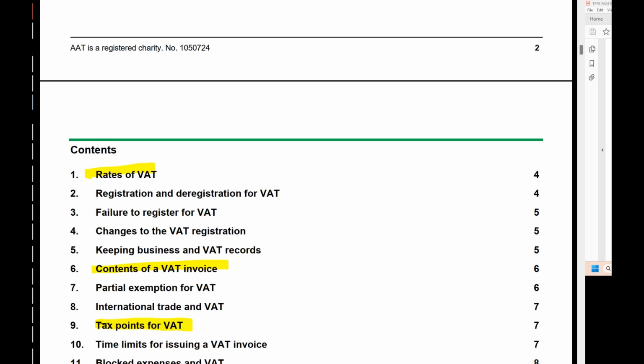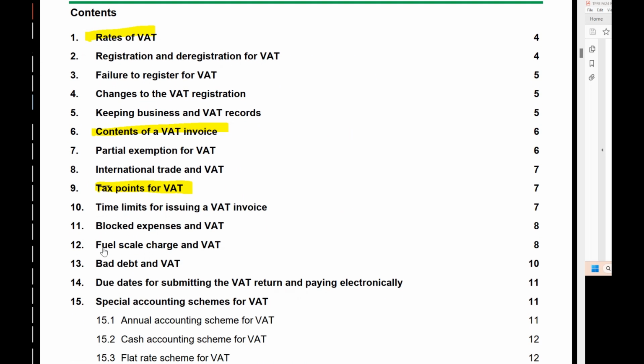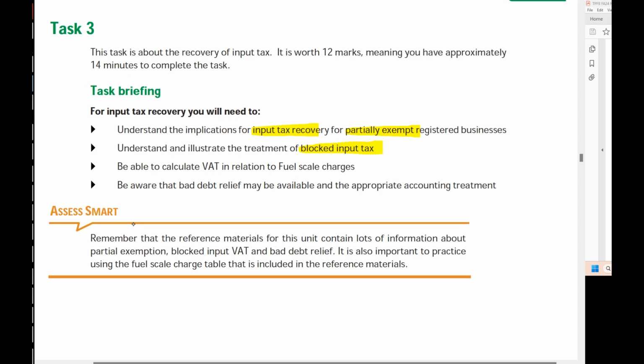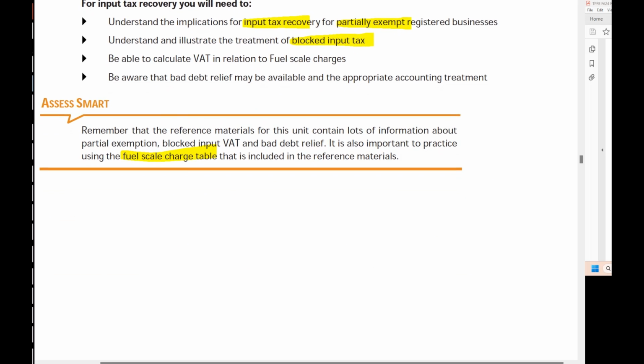It's hyperlinked. So we've got our fuel scale charge here, bad debts mentioned there, and blocked expenses there. A lot of the things that we're going to need for this task pop up in sections 11, 12 and 13. Do use the reference materials, super important, especially for the fuel scale charges, because we're going to have to consult the table in order to work those out.